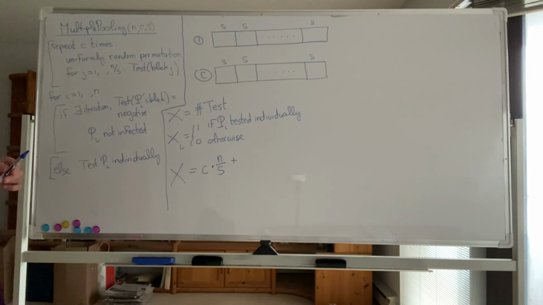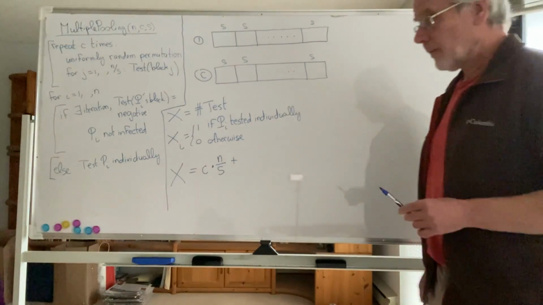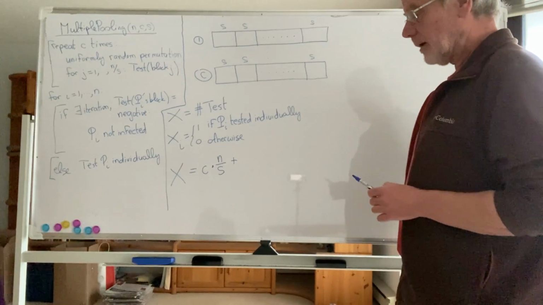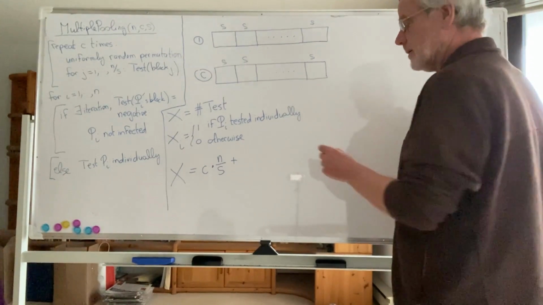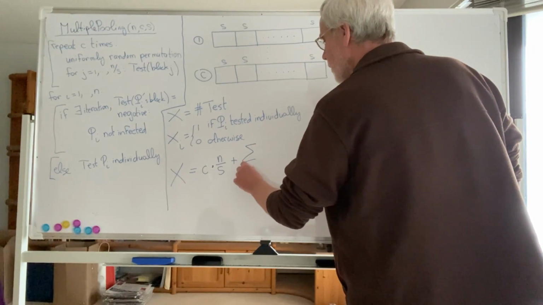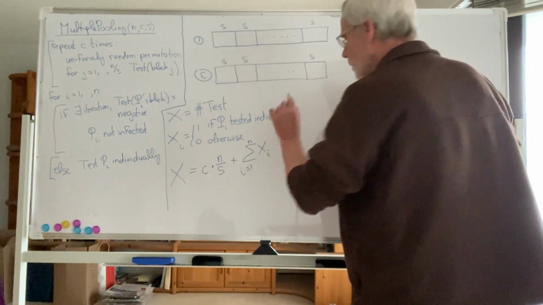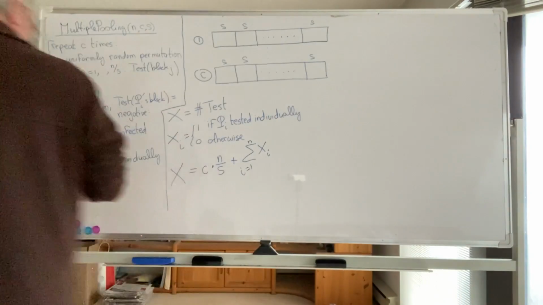And then we have to add the sum of the Xi's, because in this for loop it still may happen that we call the function test, but if we do that, we call it just on an input consisting of one person. So we get the sum of the Xi's here.